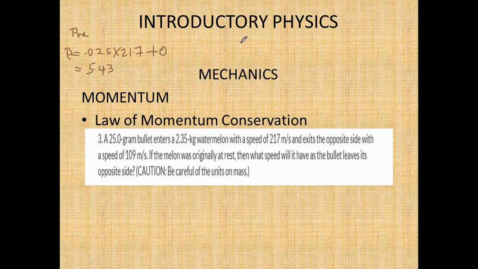Let's do the same for the post-collision momentum now. Again, you have two objects in the system. So you do the same approach. The momentum of the bullet is the mass of the bullet, 0.25.